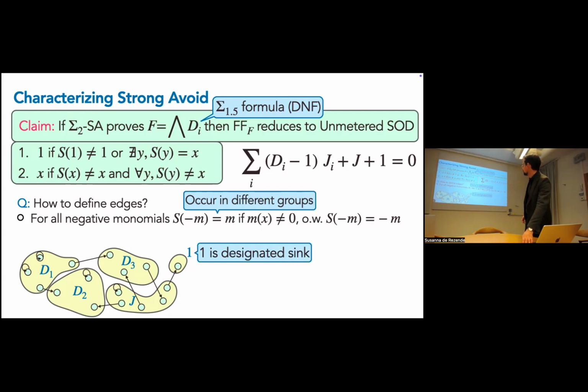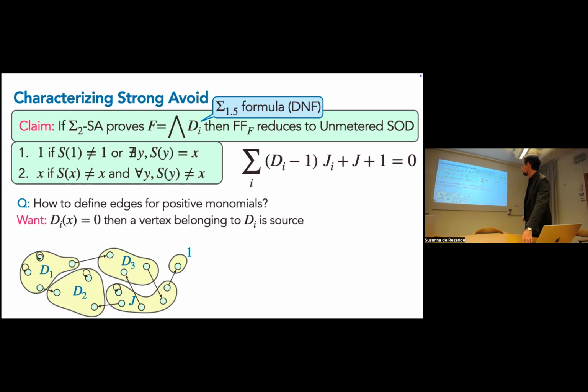And this causes 1 to become the designated sink. So -1 points to 1. 1's going to end up self-looping. And we'll put edges for positive monomials within. And what we want is that, if the ith DNF is false, then we have a source in D_i.